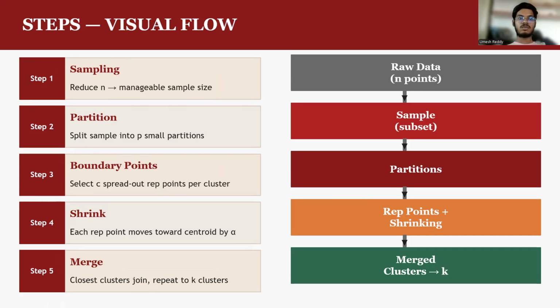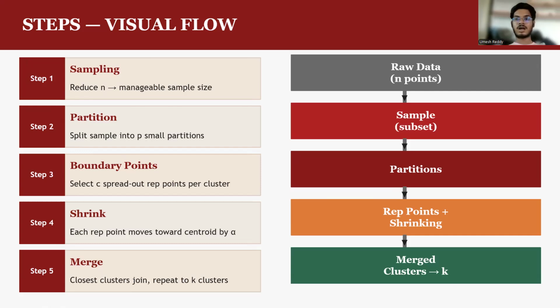Coming to the visual flow, first we select the sampling, which will reduce n based upon the sample size, and partitioning will split the data into p small partitions. We need to check the boundary points first, so that we get the C value, which can be calculated using the above formula. By using the shrinking formula, we can calculate the new point.